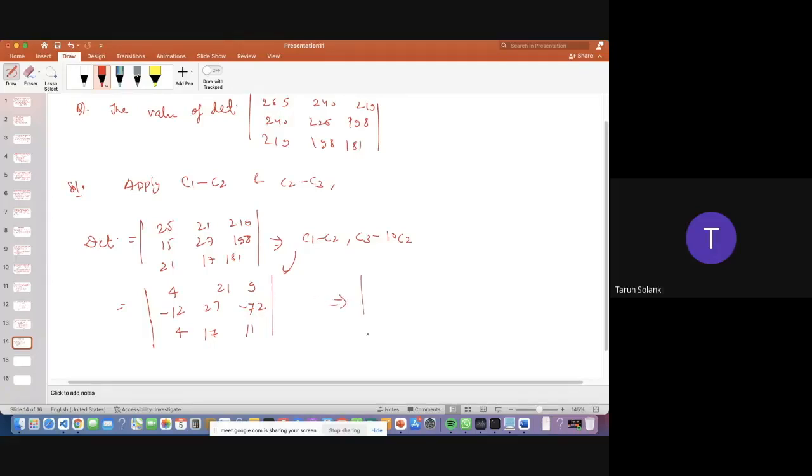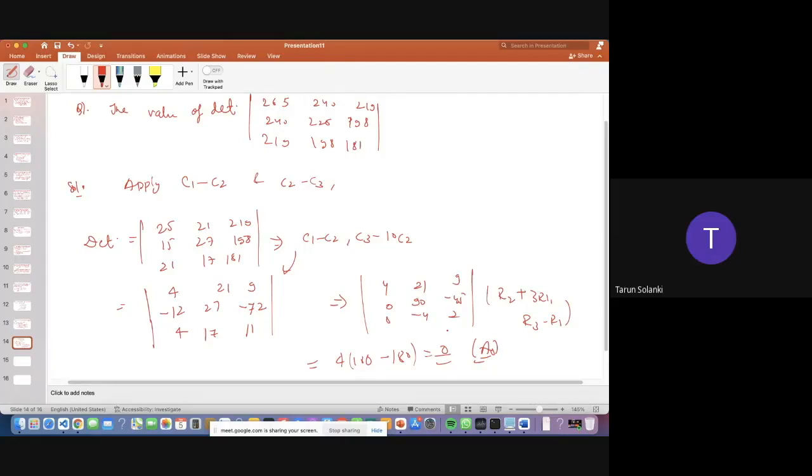So now we can write 4, 0, 0, 21, 19, minus 4, 9, minus 45 and 2, because we applied the property R2 plus 3R1 and R3 minus R1. Final answer: 4 times 180 minus 180, that is 0. This is our final answer.